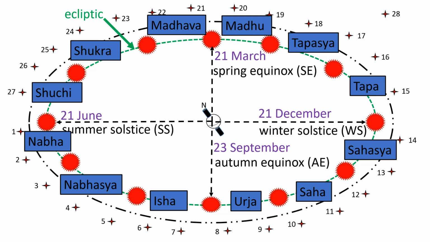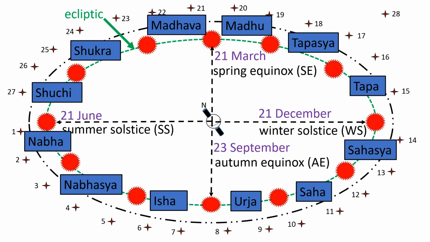What that means is that the actual length or duration of the solar month can vary from 29 days to 32 days.